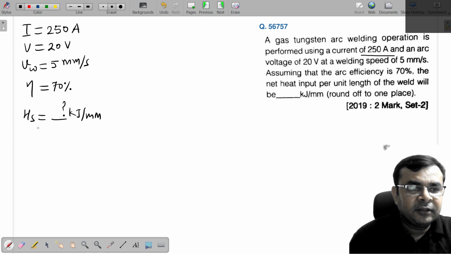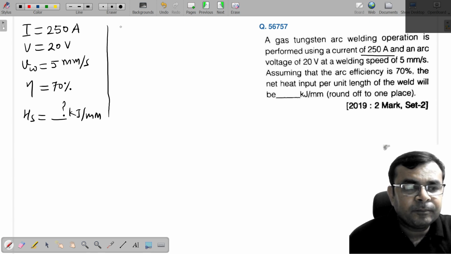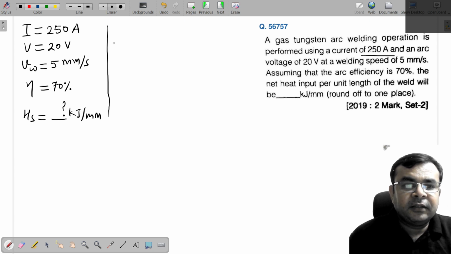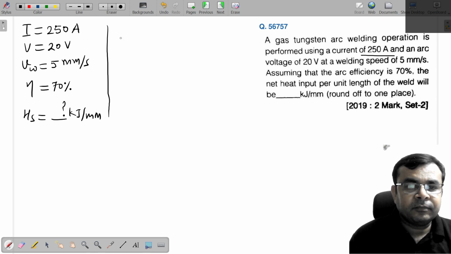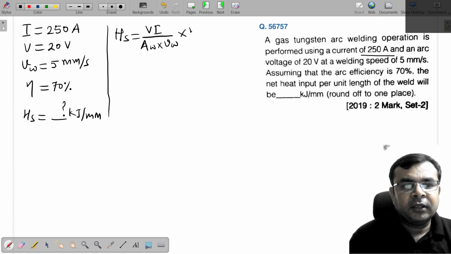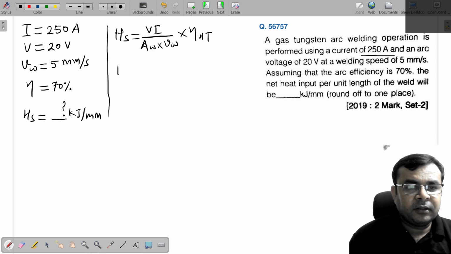We need to calculate. So you can see here, the net heat input per unit length of the weld will be, simply if I write HS is equal to VI upon AW into VW into eta HT. So HS, here the area is not given.